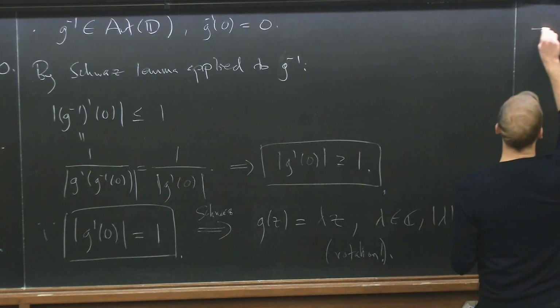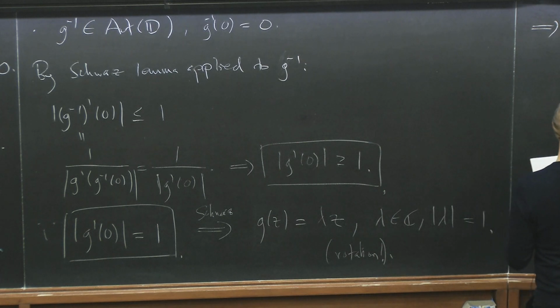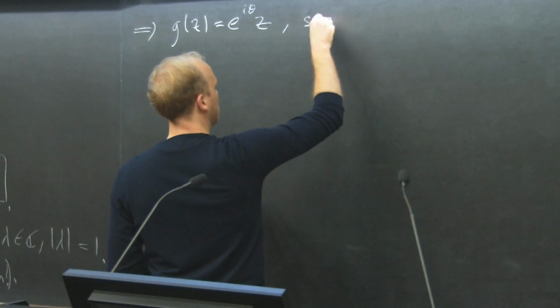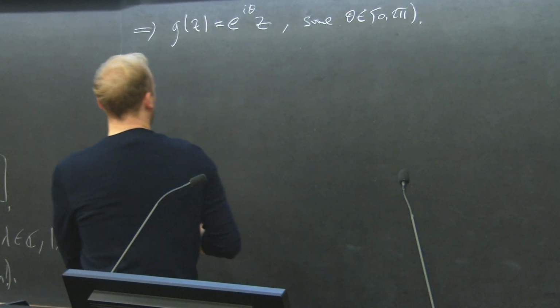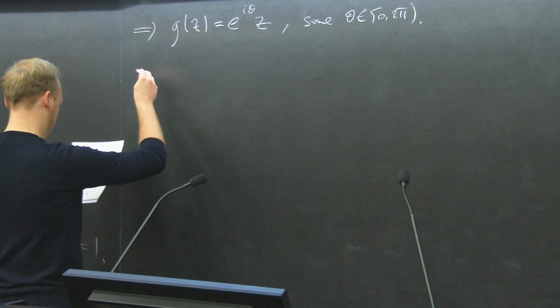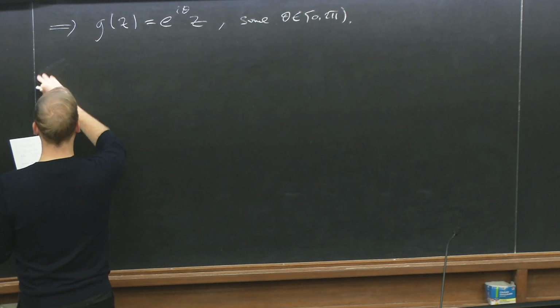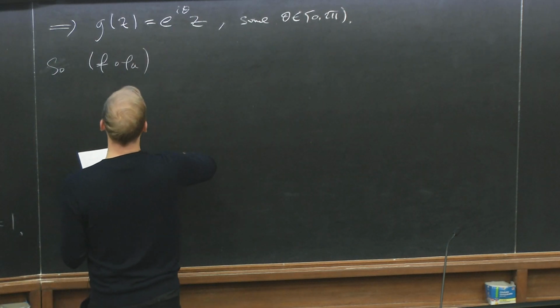First of all, this lambda I can of course write in the form e to the i theta for some theta between 0 and 2 pi. And second of all, this gives then that phi, so this is G.